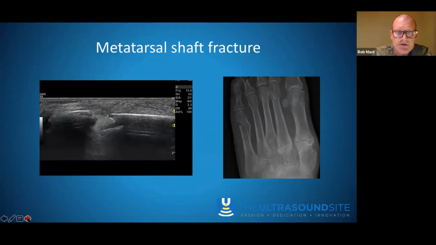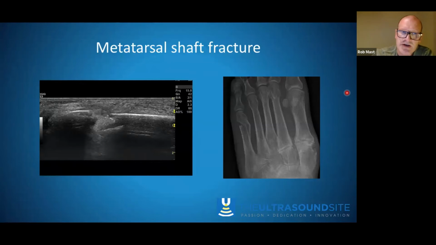So what happens, obviously, if there is an interruption, a fracture, then we see a very abrupt change, and that's typical. That's something that might take a little bit of experience for people to appreciate, because when you first scan, you might see some cortical irregularities, and you might take that as an interruption of the cortex, but it might actually be a small erosion or something like that.